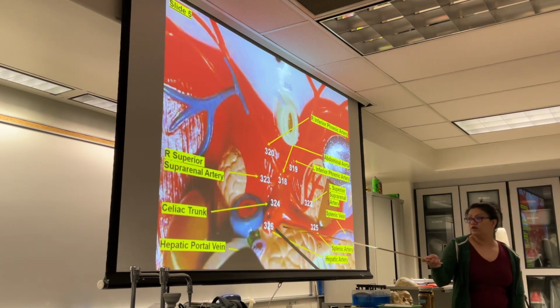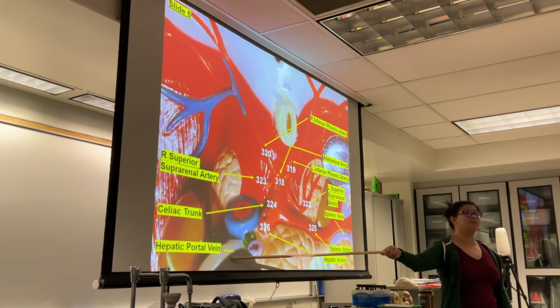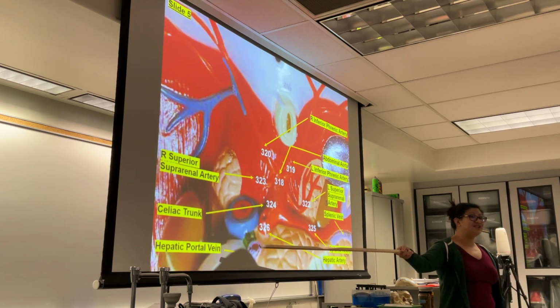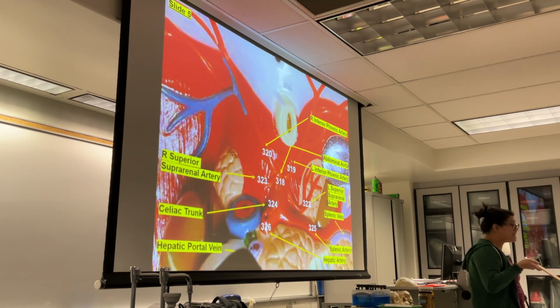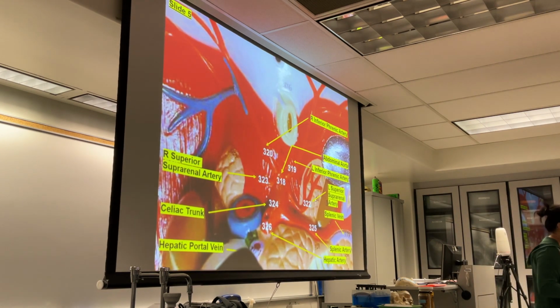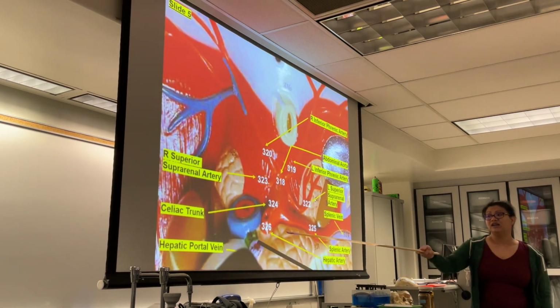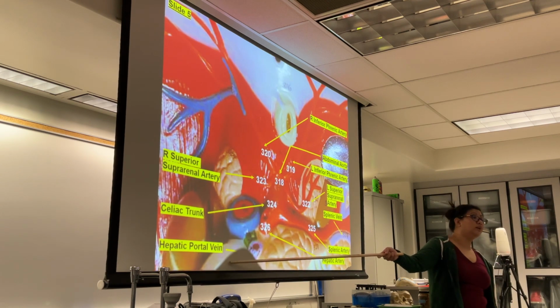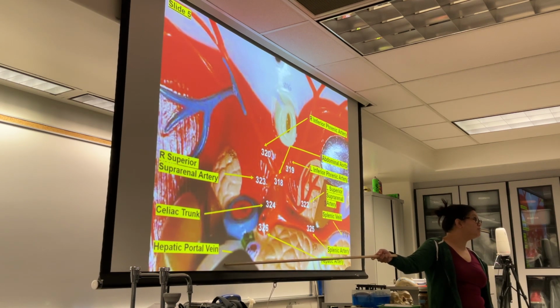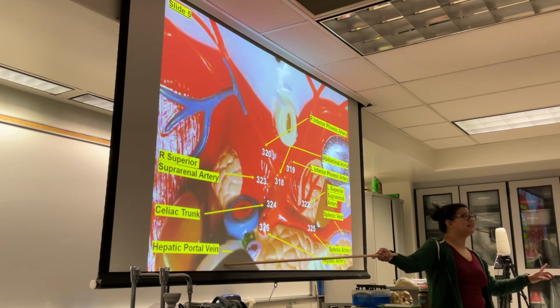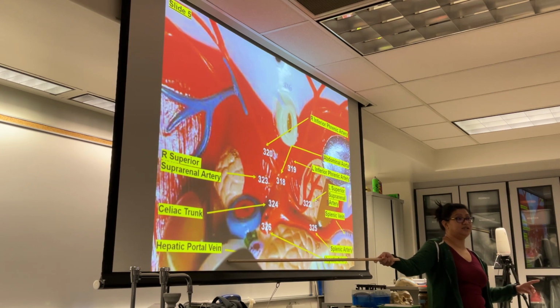So remember, between the hepatic artery and the hepatic portal vein, 75 to 80% of the liver's blood supply is going to come from that hepatic portal vein, which is directly connected to other abdominal organs, mainly the small intestine.